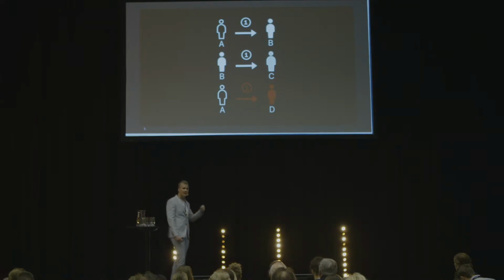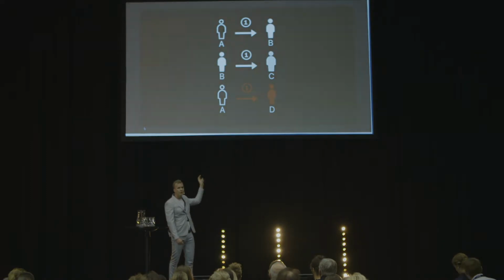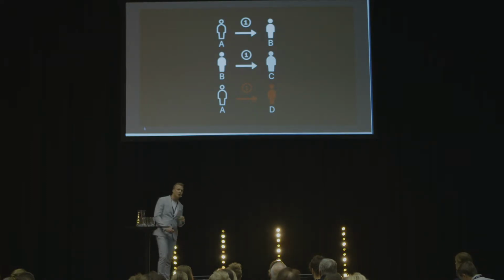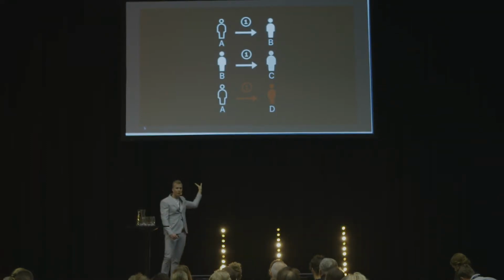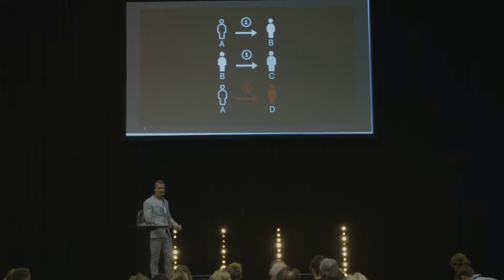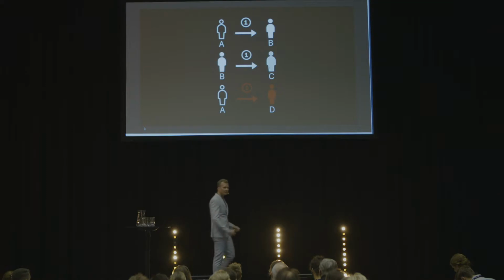We can achieve this if we can actually agree on the transaction order. If we cannot agree on the transaction order, there is no difference between these two transactions. But if we have this order, that Alice first has sent the coin to Bob, we can agree that she does not have the right to send the same coin to Dave later. This, in technical terms, is called a double spend.